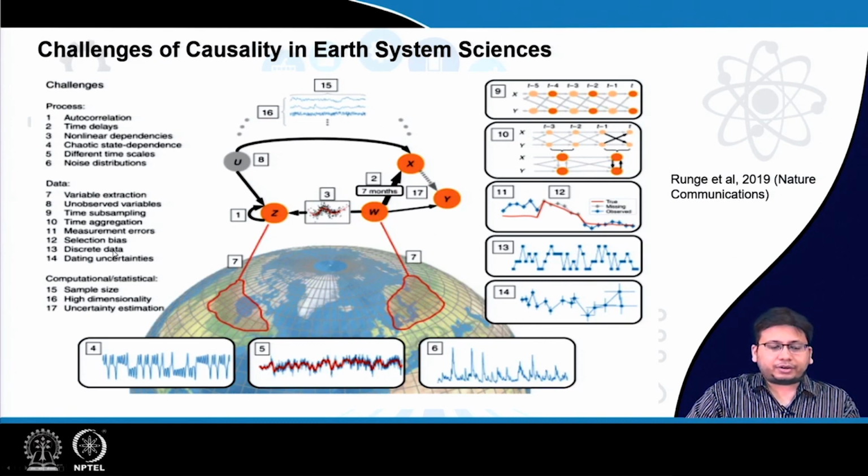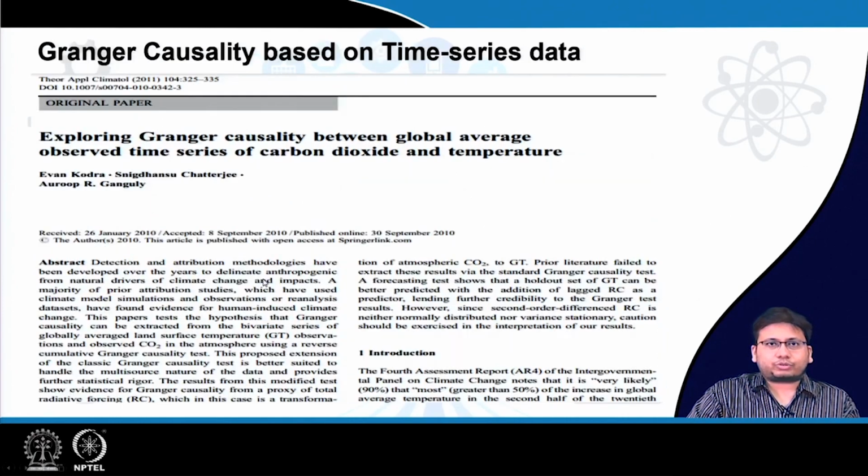If the data is discrete, then it becomes even harder, because Granger causality and such models are all based on continuous valued distributions, but in case we are dealing with discrete data, it becomes a more complicated situation. And then there are other kinds of uncertainties related to dating of the variables, and other computational issues like the sample size, the dimensionality, the uncertainty, and so on.